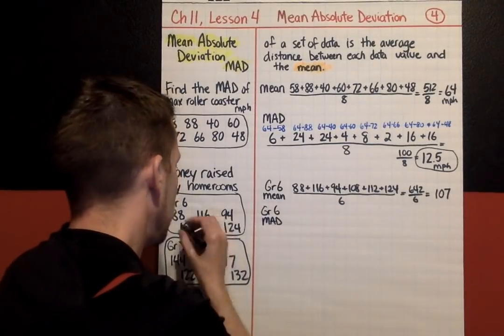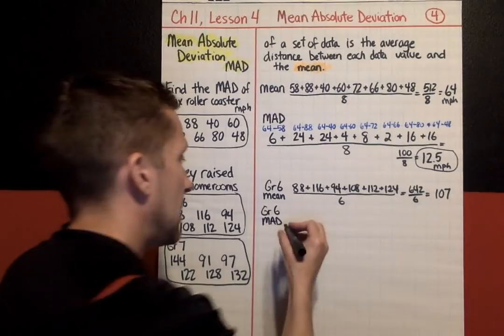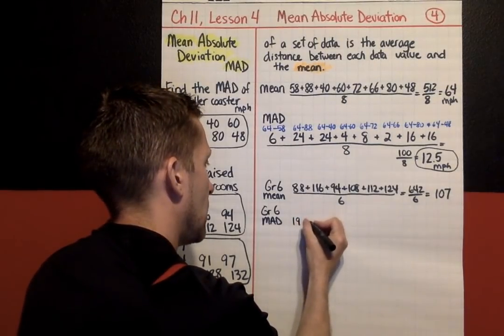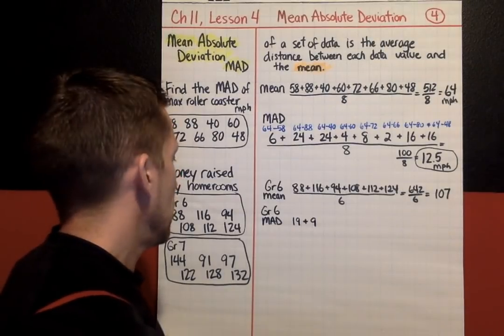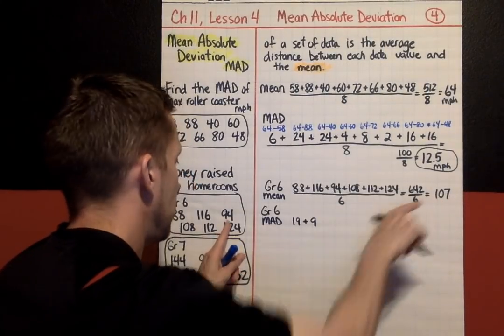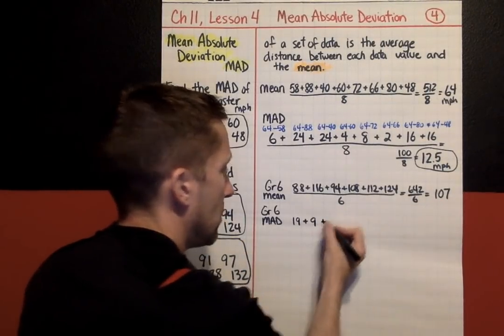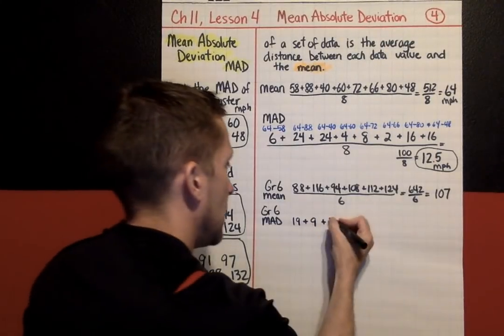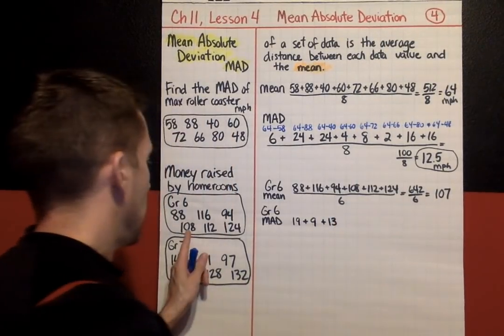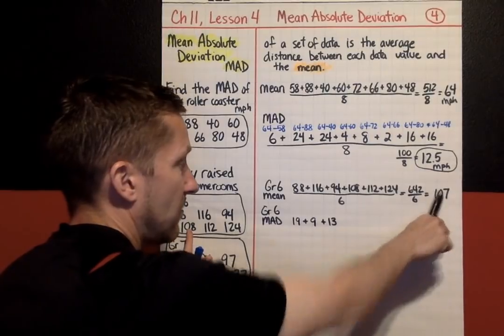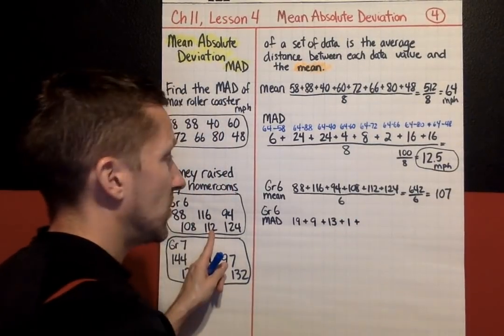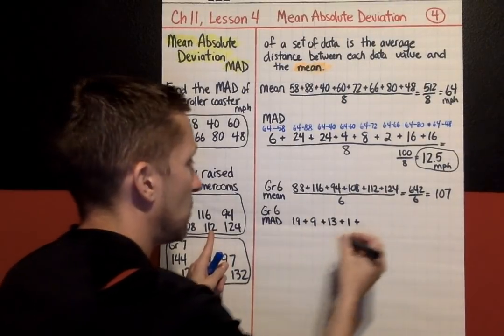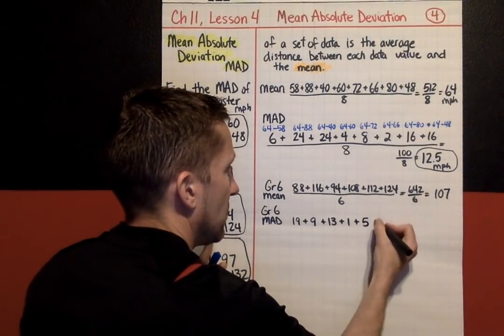If you do it correctly, you would get 19 plus 9, 94, 107 minus 94 gives you 13. 108, how far away is that from 107? That's 1. 107 minus 112 is a negative 5, but again, I'm going to use a positive 5.